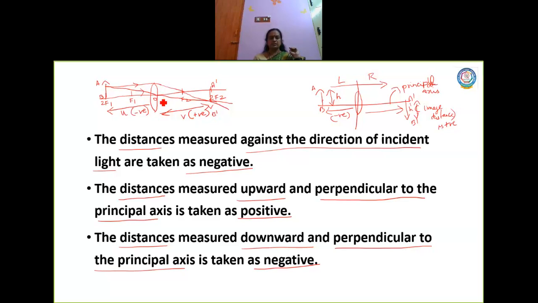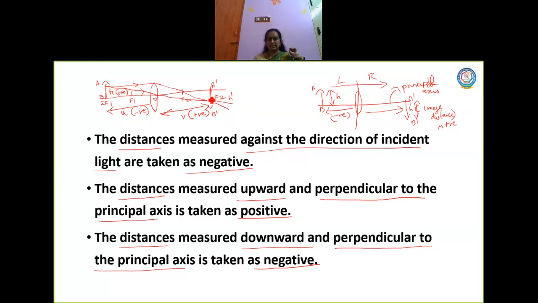Next we measure the height. Height here is h, the height of the object. The height of the object is measured above the principal axis, so this is positive. And this height is h dash, the height of the image.